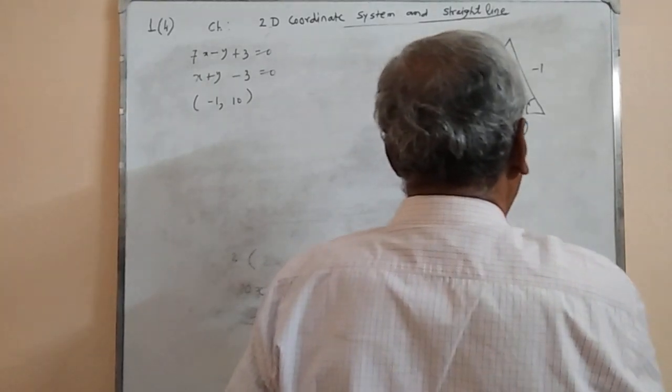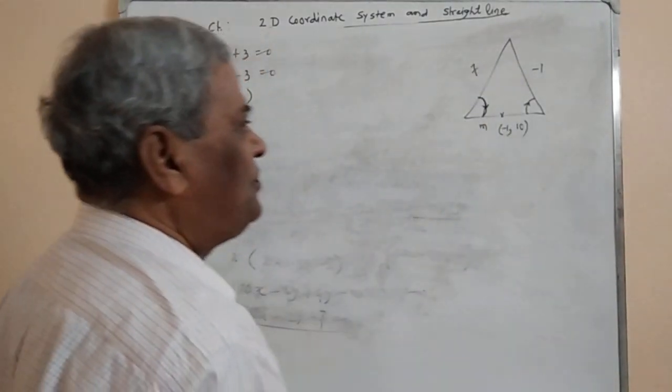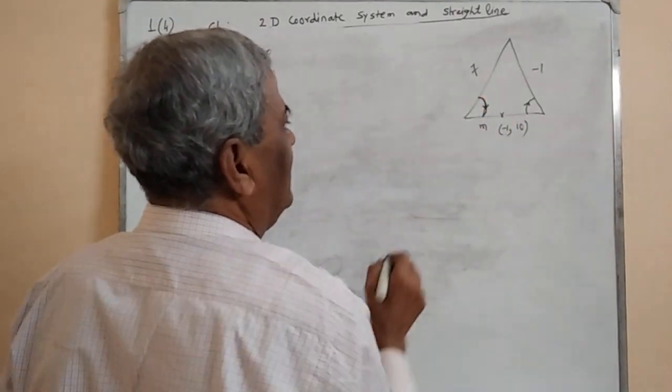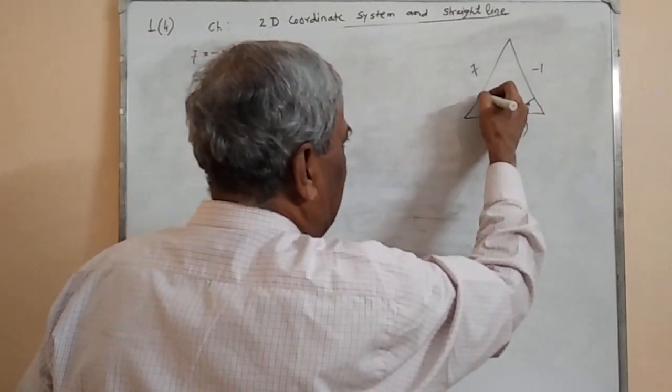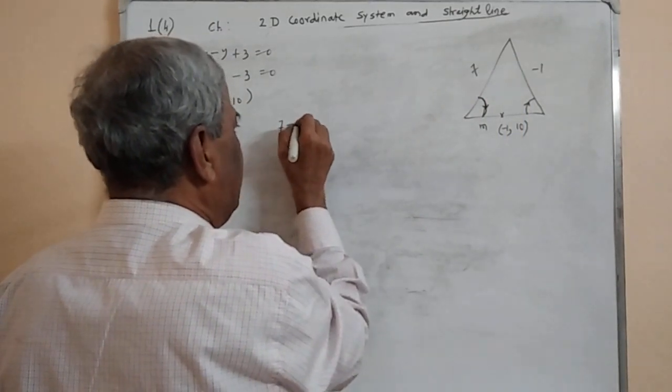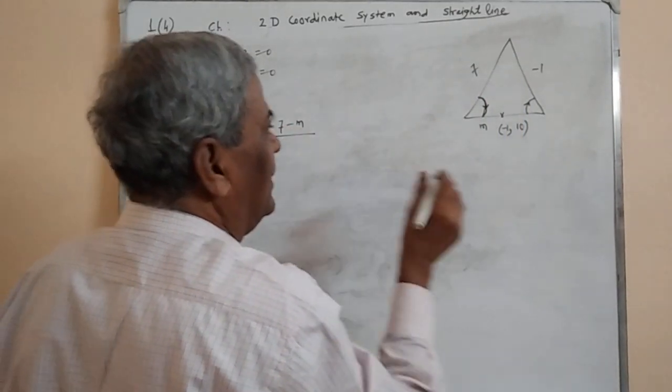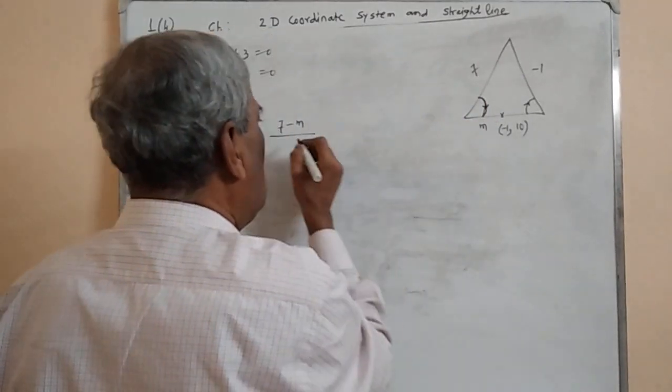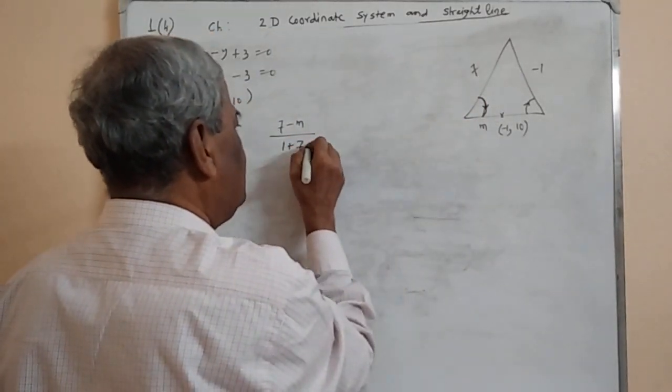Suppose m is the gradient of the base. This angle, I have taken it from this to that, is equal to 7 minus m by 1 plus 7m, that is m1 minus m2 by 1 plus m1 m2.